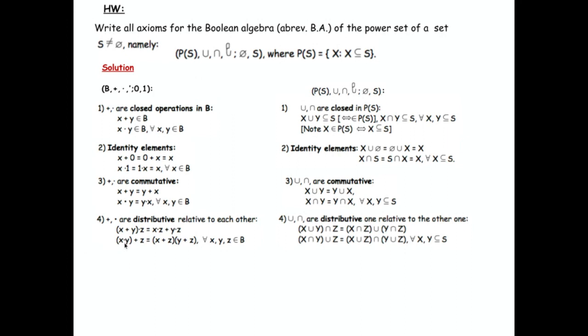And here we have X and Y, or Z, is the same as X or Z, and Y or Z. And in set theory notation, it's X union Y intersect Z is the same as X union Z intersect Y union Z.